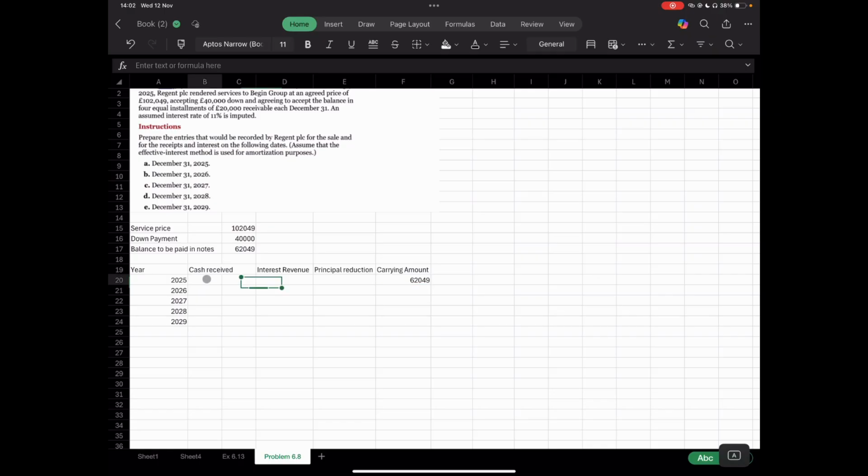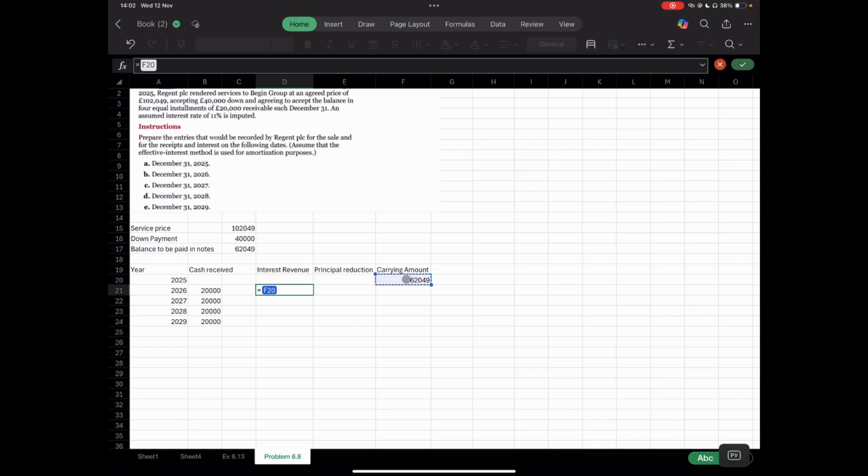So here we're going to write our carrying amount of 62,049. Cash received is going to be 20,000 for all the columns, except 2025, of course. And to find interest revenue in 2026, we take the carrying amount and multiply it by 11%.